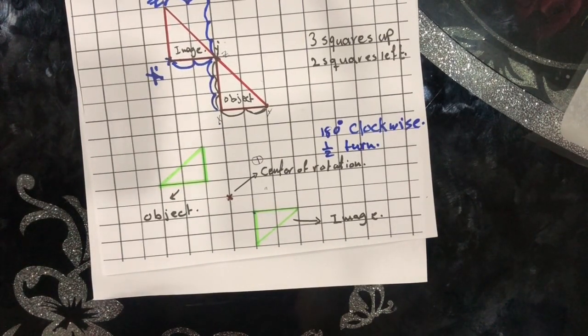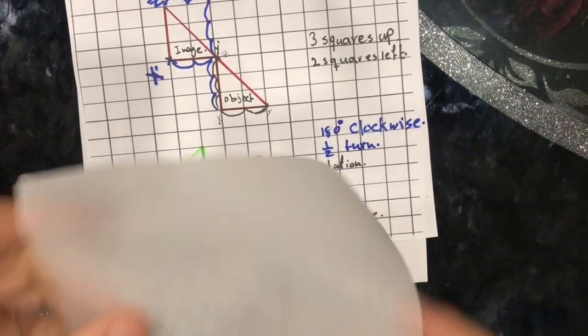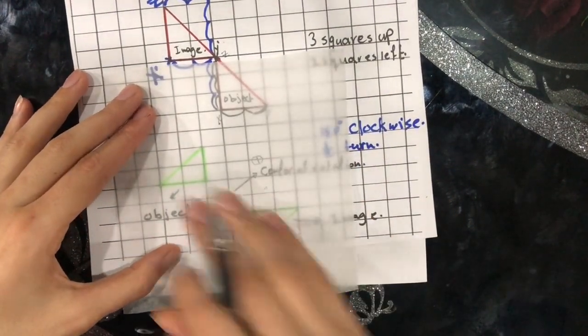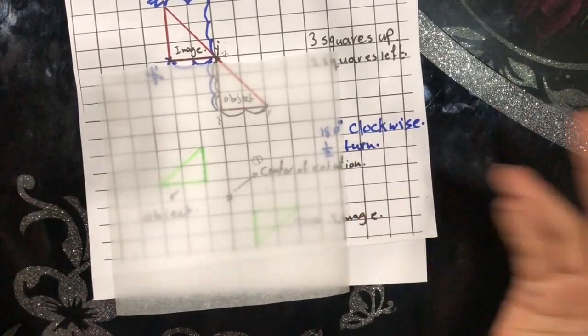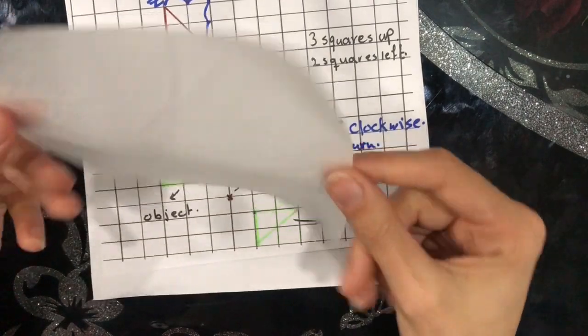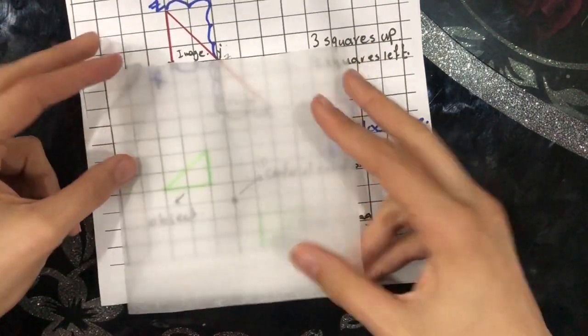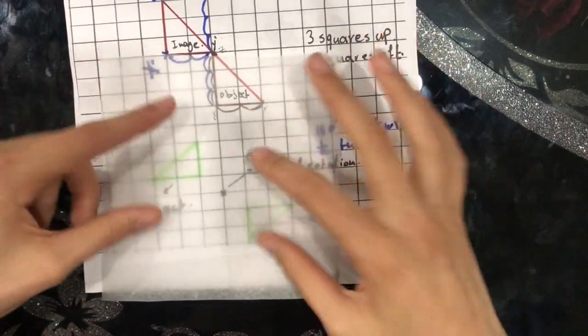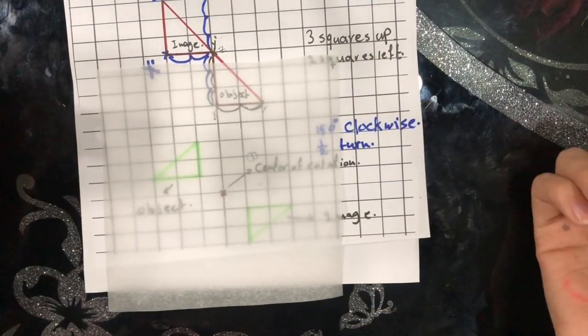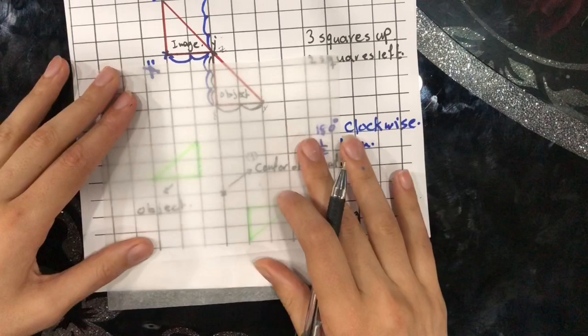Now, for our rotation, the first way I am going to use a tracing paper to show you exactly how you can do this. Tracing paper, or some people call it parchment paper. This is probably found in your kitchen. And of course, you can use clear paper that can be bought from the library.